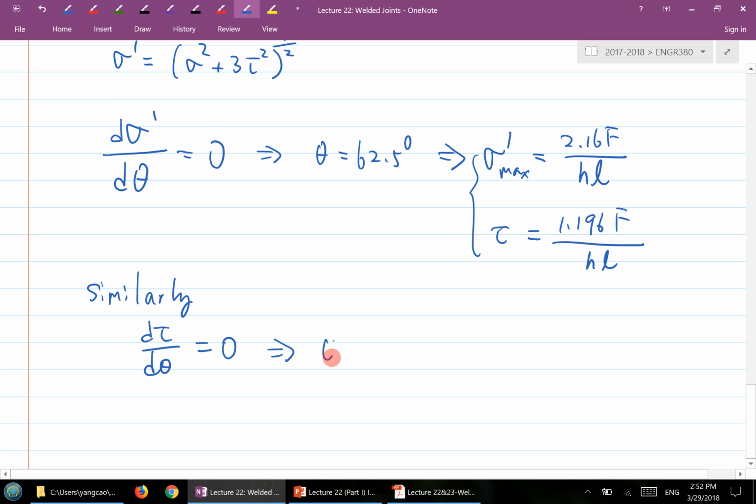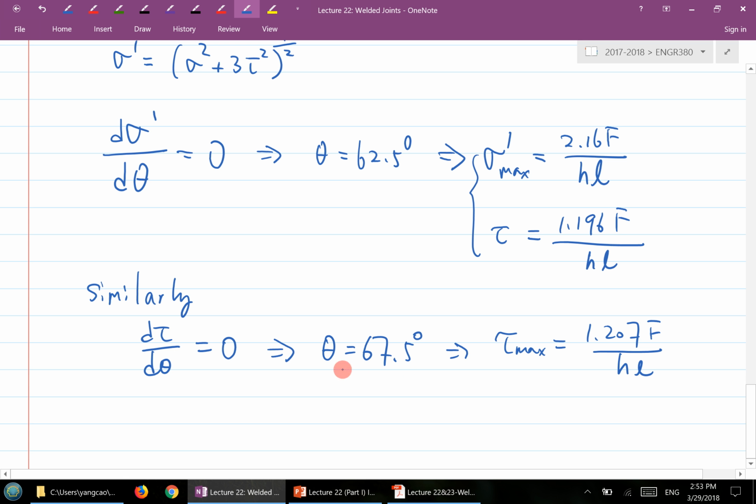This time the theta is different. It's 67.5 degrees, and that gives me a tau max of 1.207 F over HL.